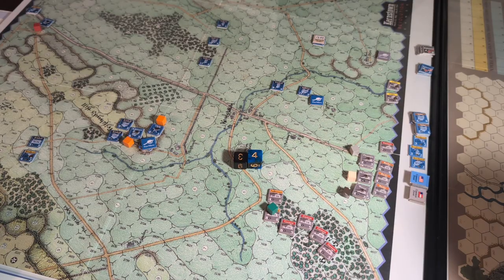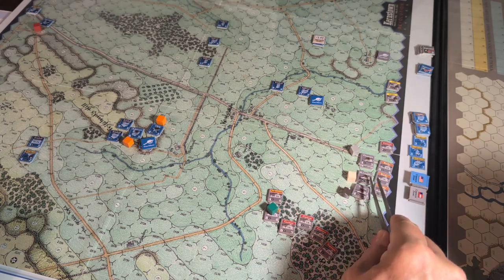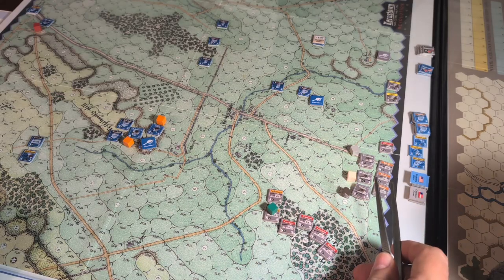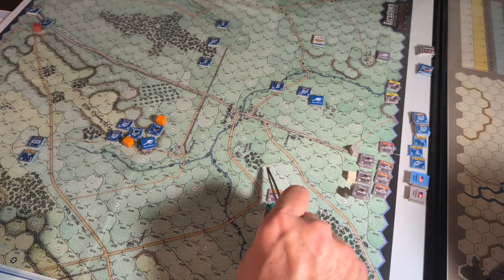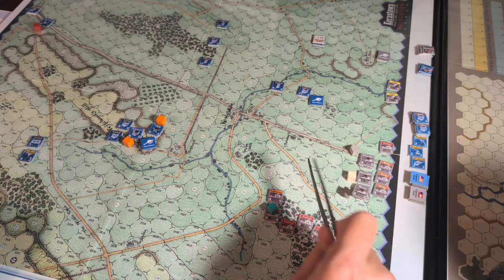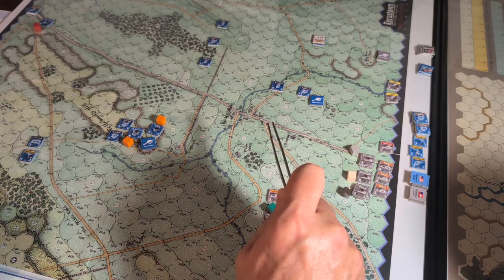So now we've got McLaughlin here. I'm going to move him up. Could move him up to here. But I think I want to put some pressure on Sullivan and Kimball over there.